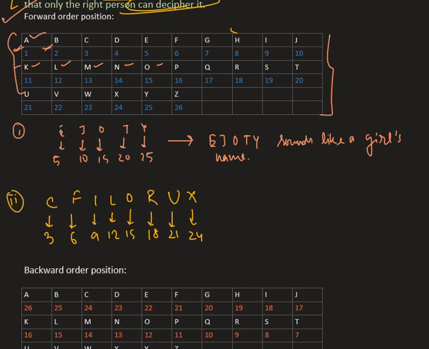Each number is a multiple of 3. You can remember these letters in such a manner, or you can also remember C, F, I, L, O, R, U, X as it sounds like an injection name, because doctors have strange names of injections.